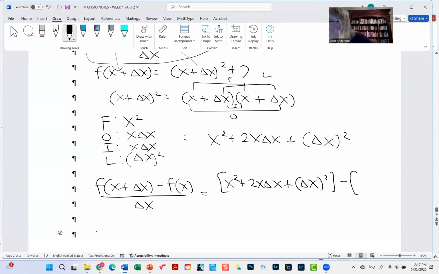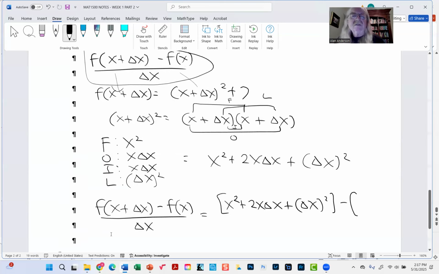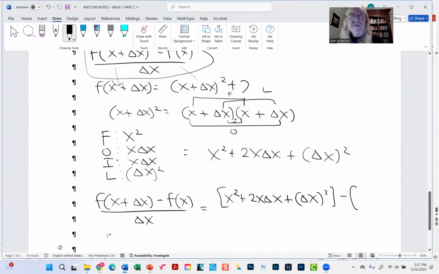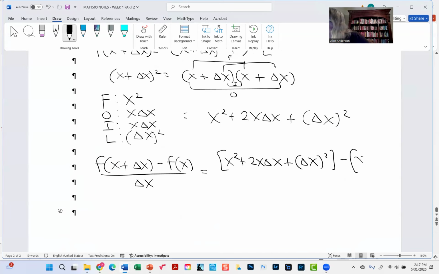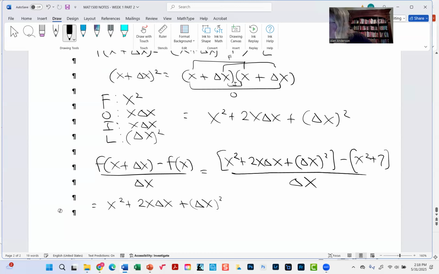Then we subtract the original function, which is x squared plus 7, and then divide by delta x. So now we're going to have to be very careful here, because we're subtracting, so that means we have negative x squared and minus 7.